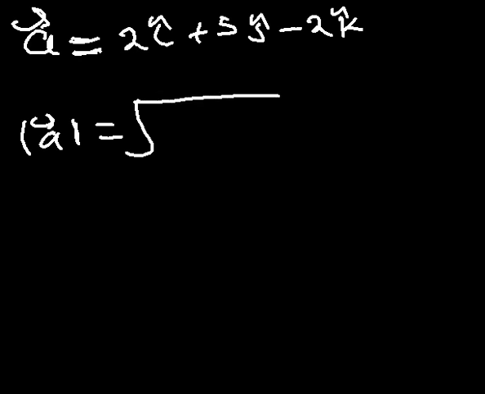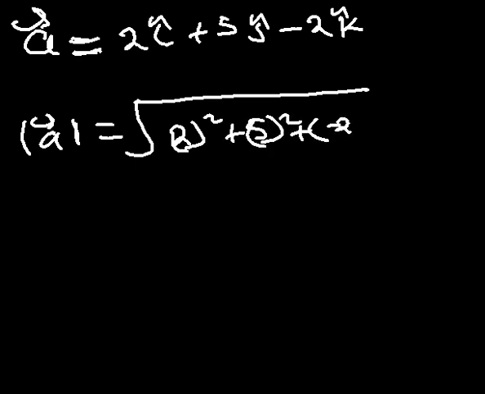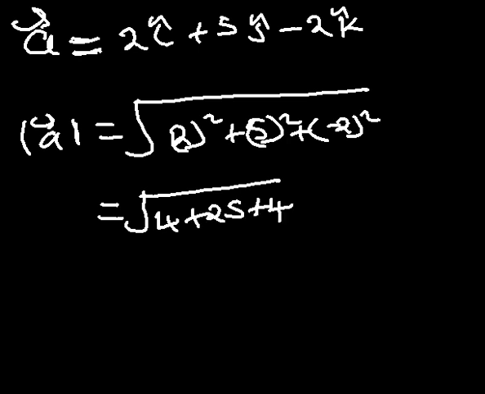According to the principle, we'll have the square root of 2 squared plus 5 squared plus negative 2 squared, which is the square root of 4 plus 25 plus 4, which is the square root of 25 plus 8.